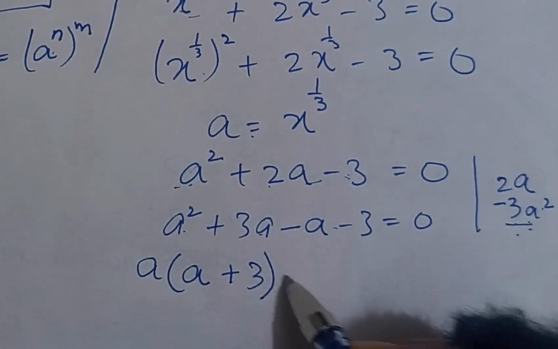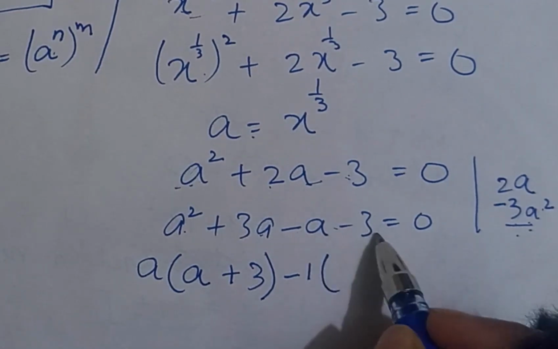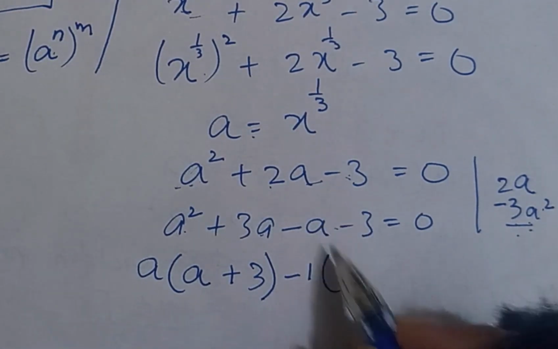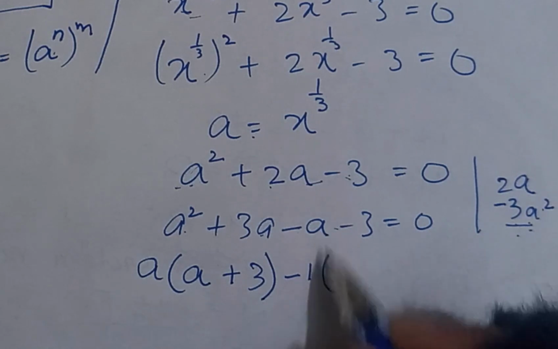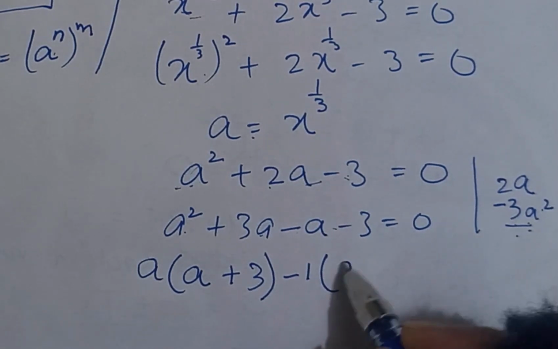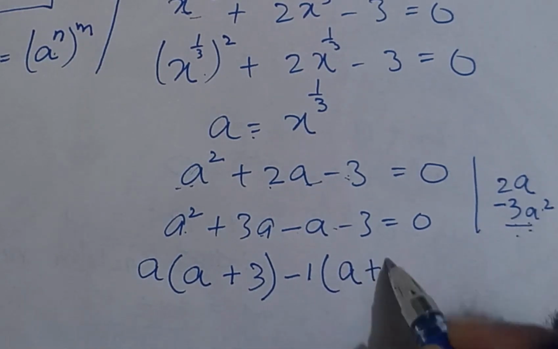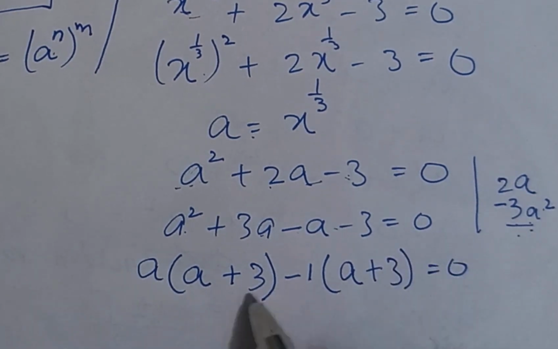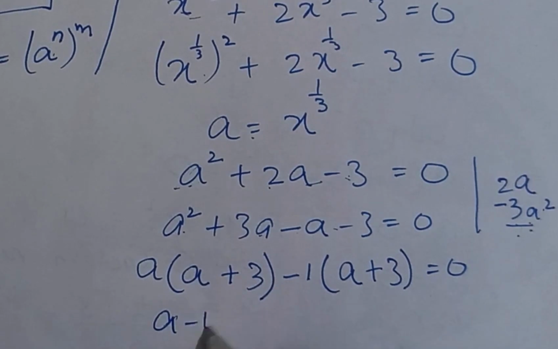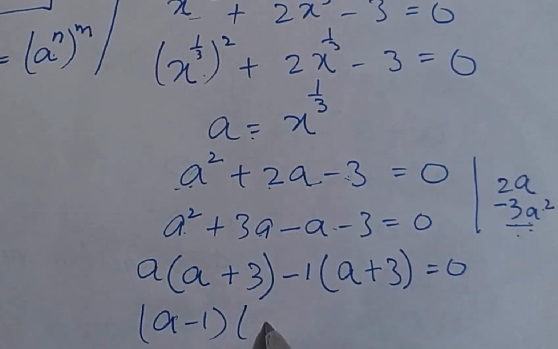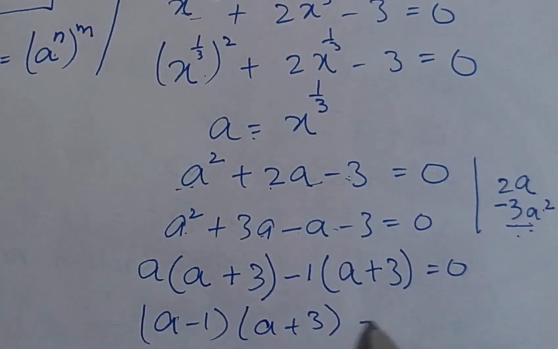And notice that minus 1 is common in these two terms, so we take it common. Then divide minus a by minus 1, we get a, and divide minus a minus 3 by minus 1, then we get a plus 3. The right hand side is 0. We can write this as a minus 1 multiply a plus 3. The right hand side is 0.